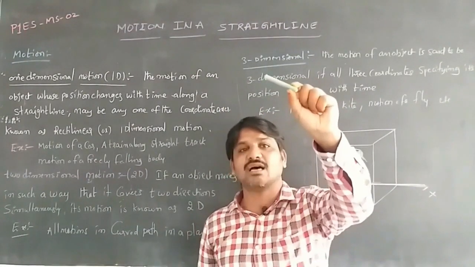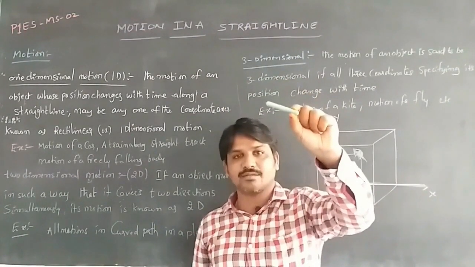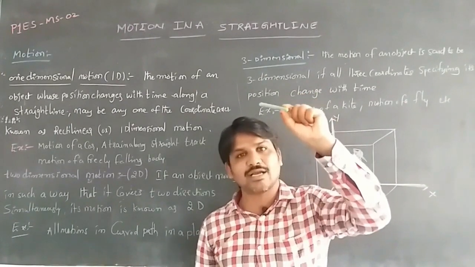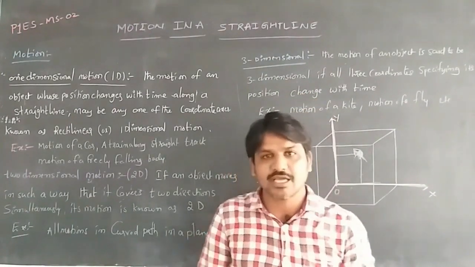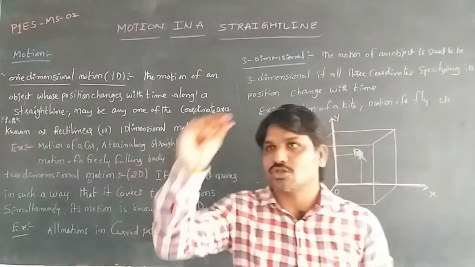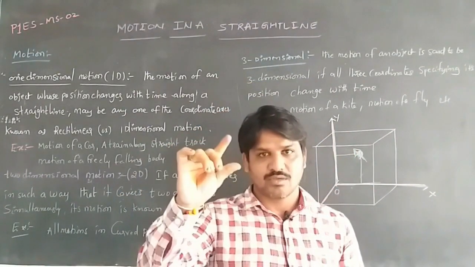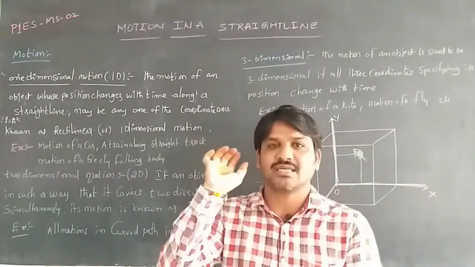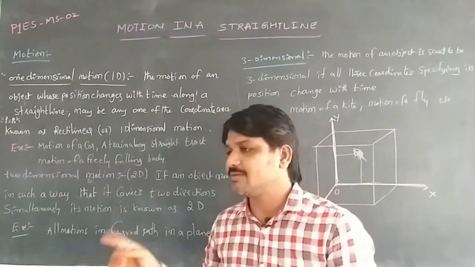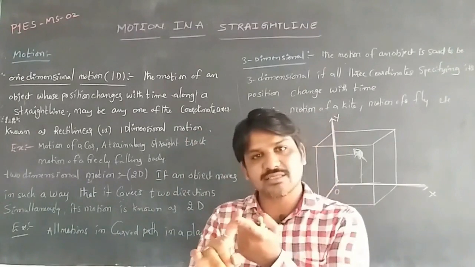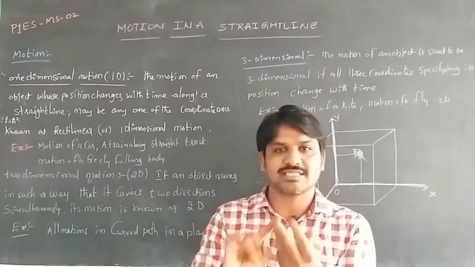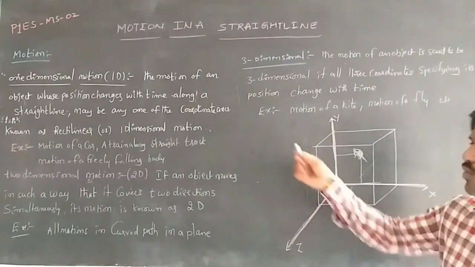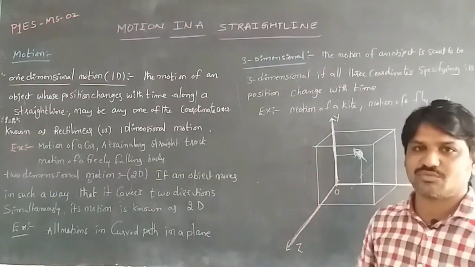This is three-dimensional. So if a fly is in the room and you want to specify its position or movement, we can do so according to the x-axis, the y-axis, and the z-axis. These are the three types of dimensional motions, that is 1D, 2D and 3-dimensional motions.